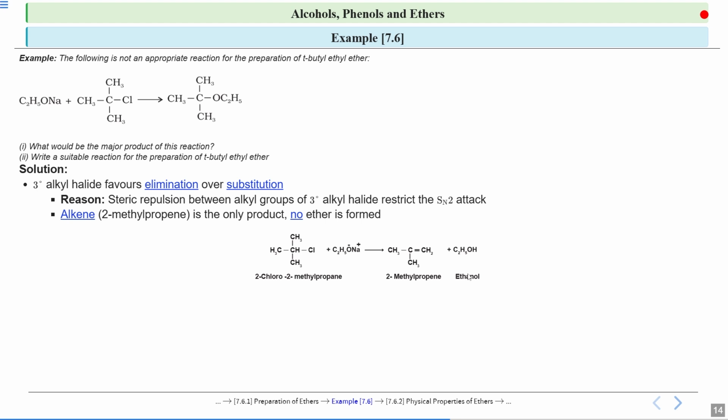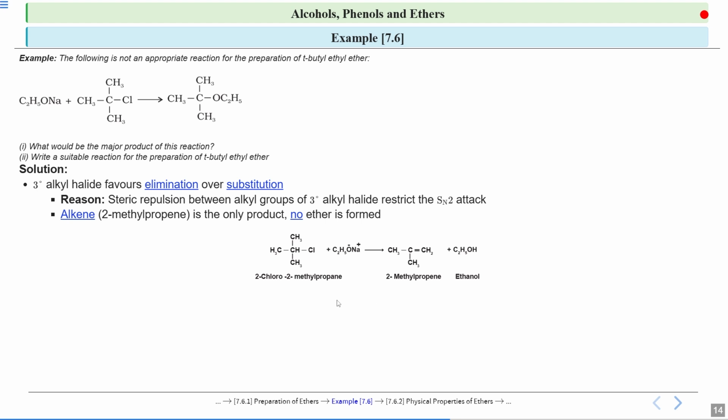What will be left is your ethanol, that is C2H5O plus H from the methyl group. And NaCl will also be formed, that is Na plus and Cl minus. So from this 3-degree alkyl halide, this alkene is formed, that is 2-methylpropene.